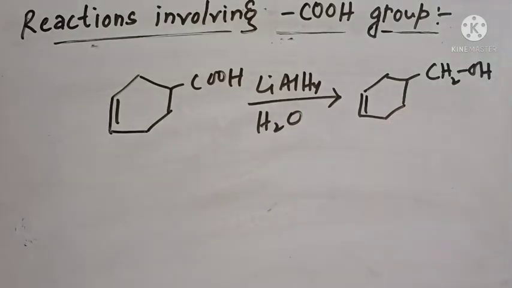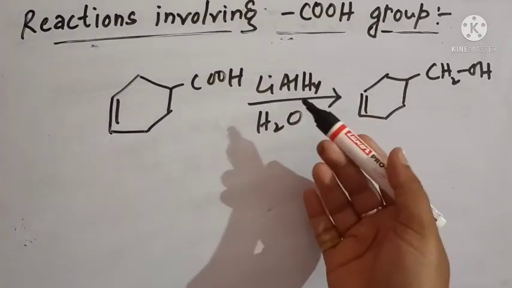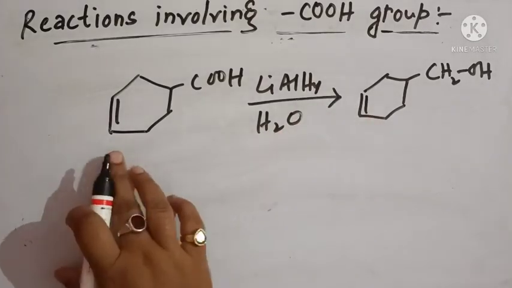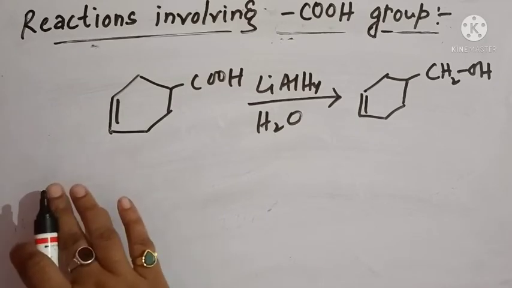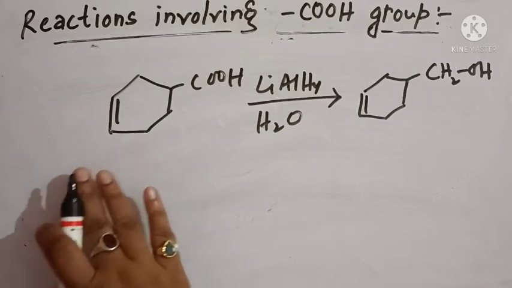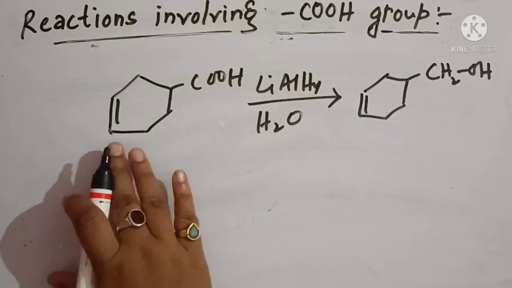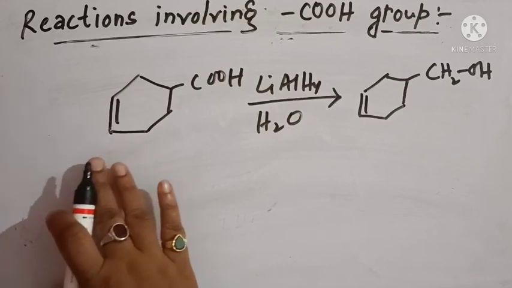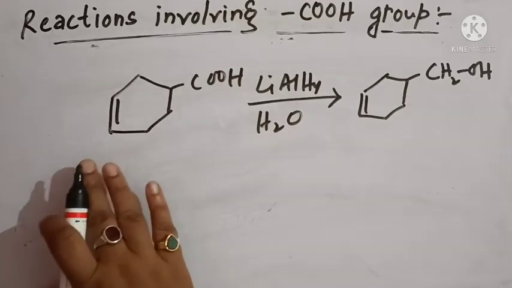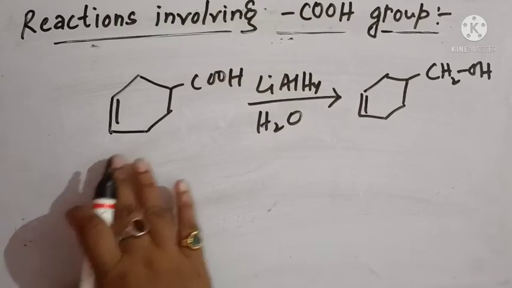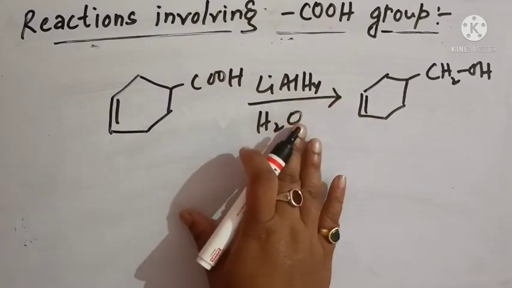So this also we can use if we want to reduce only the carboxylic acid from a given compound, so we can use this LiAlH4. It will not affect, that means that particular compound also contains the multiple bond, and we don't want to react that, so that particular multiple bond will not react with the reagent.